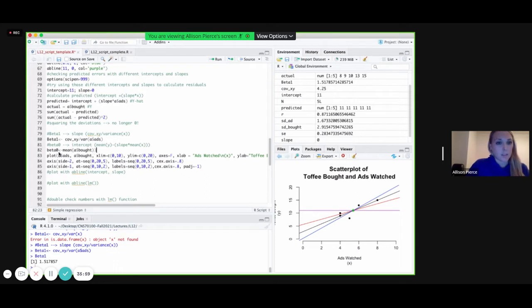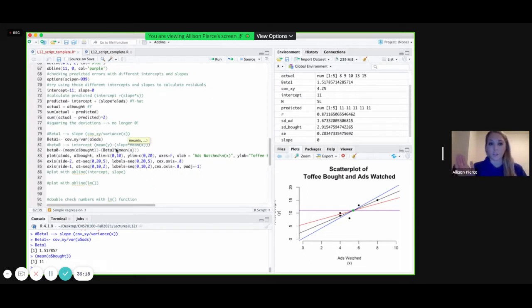And then I'm going to add some extra parentheses here just to make sure it does that part correctly. So the mean of y, and then we're going to subtract the slope that we just calculated. So beta 1 times the mean of x.